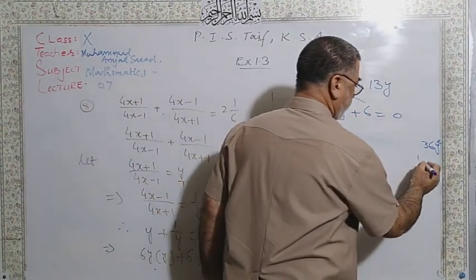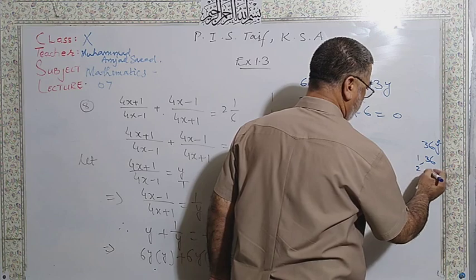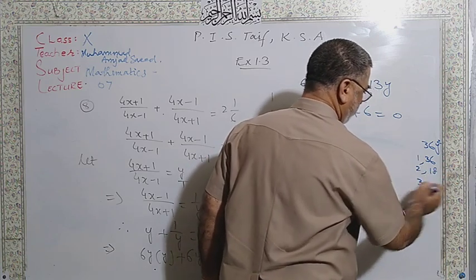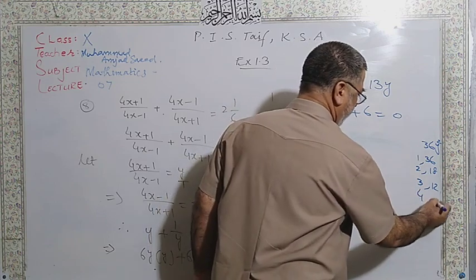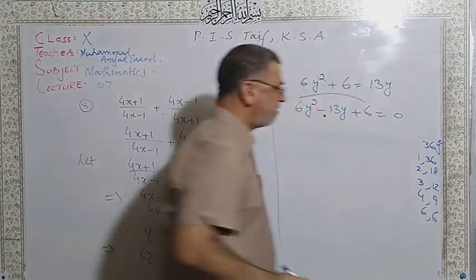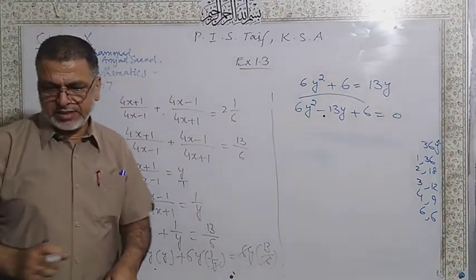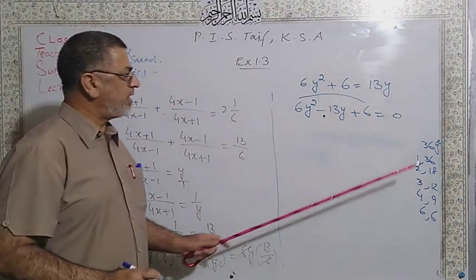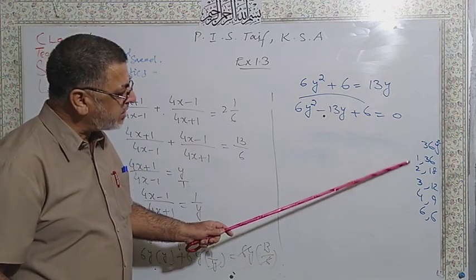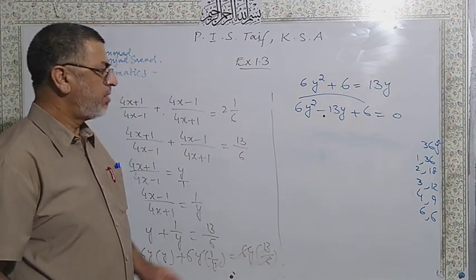So what are the possible pairs? 1 and 36, 2 and 18, 3 and 12, 4 and 9, 6 and 6. Dear students, you can check, this is 36y square. These are the possible pairs.